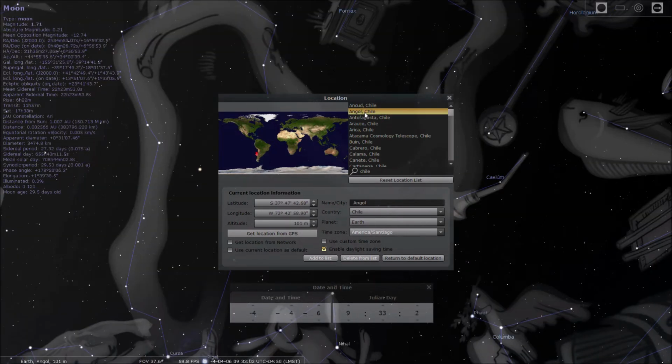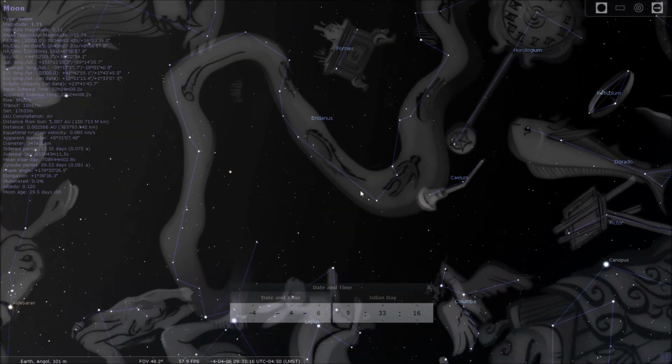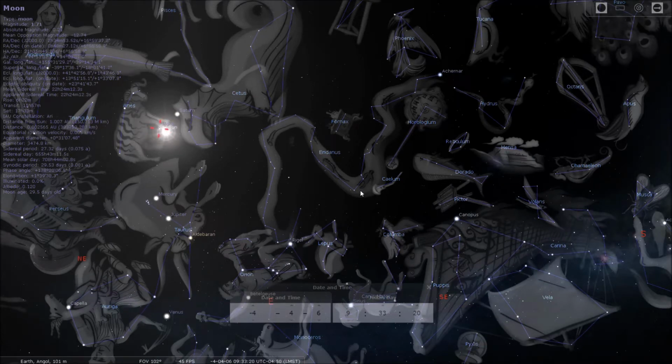Well, it may be too far, but let's check. This is in the southern hemisphere. There's a map. Yep. It's too far. We need to go over into Brazil territory.